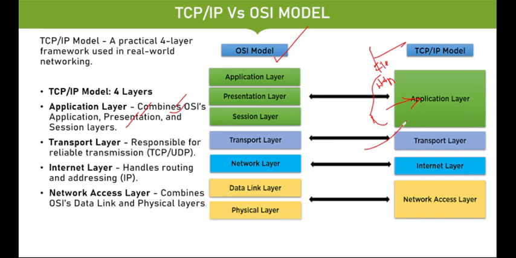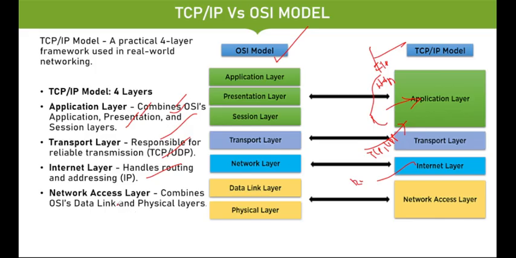In the transport layer, directly it will check whether we need to set TCP or UDP. Then the internet layer means the network layer, where it will be going through routers. The network access layer goes through switches and physical layers. The transport layer is responsible for reliable transmission, UDP or TCP; the internet layer handles routing and addressing.